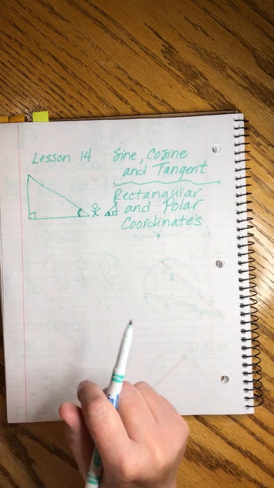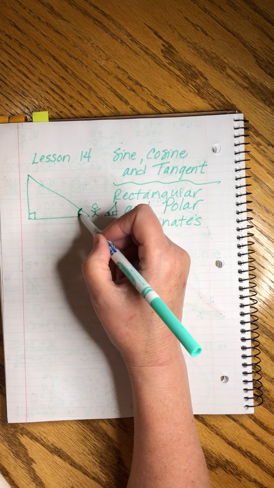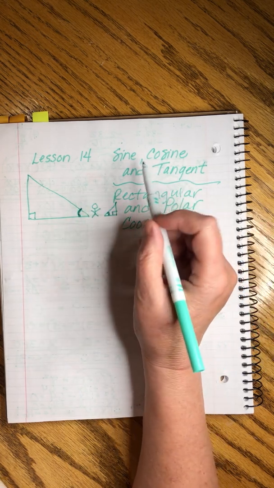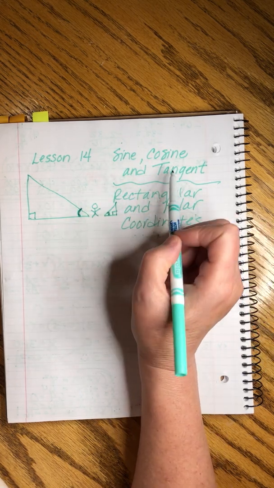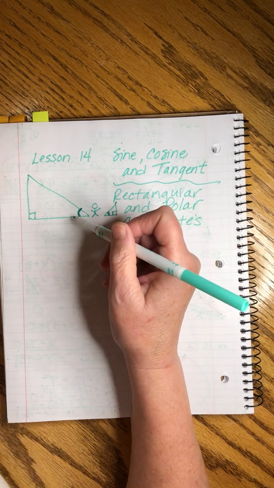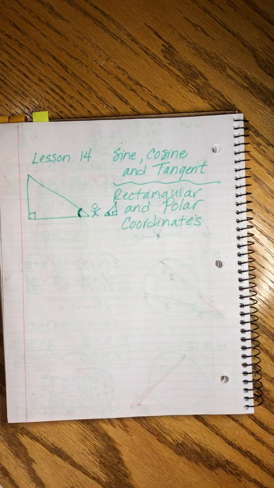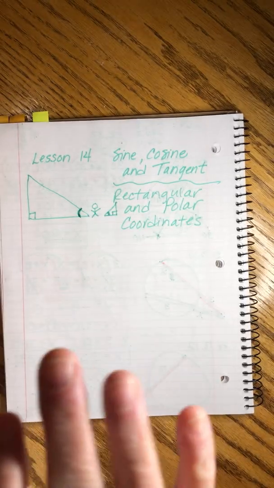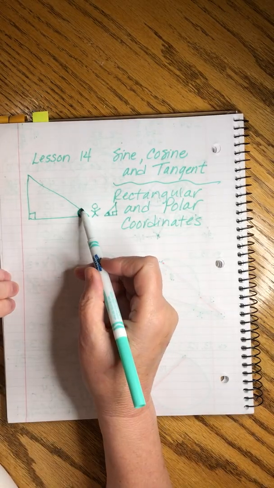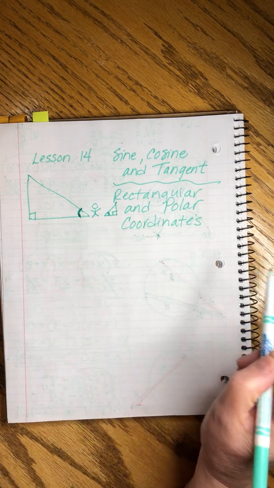So this one is going up, and here's the angle that we're interested in. Because we're talking about sine, cosine, and tangent, we're always talking about it in relation to one of the angles. So if we were standing up here, then sine, cosine, and tangent would be different. So we're down here, by one of the pointy angles, not the perfectly square one, and we're choosing the one that's on the ground.